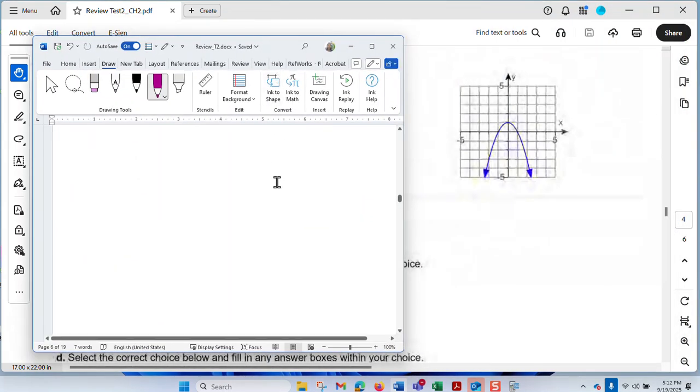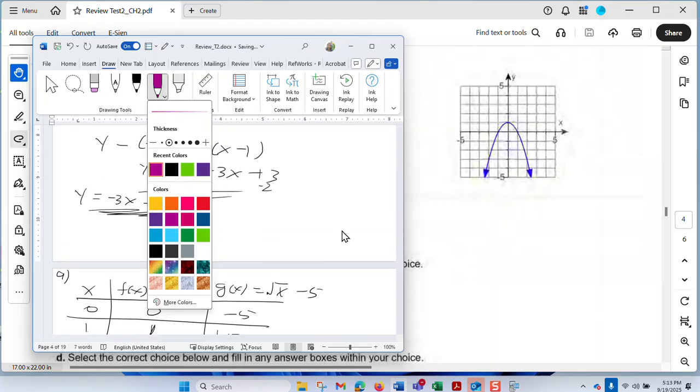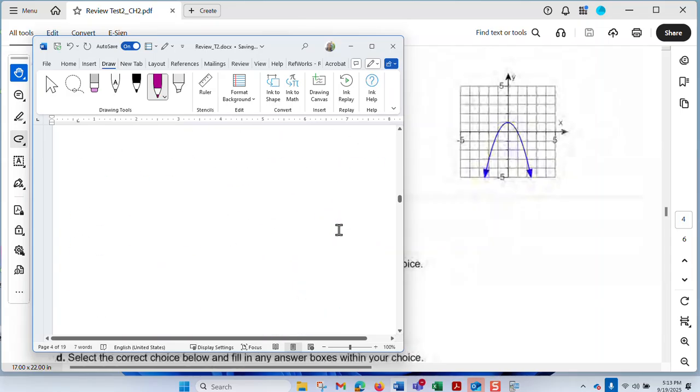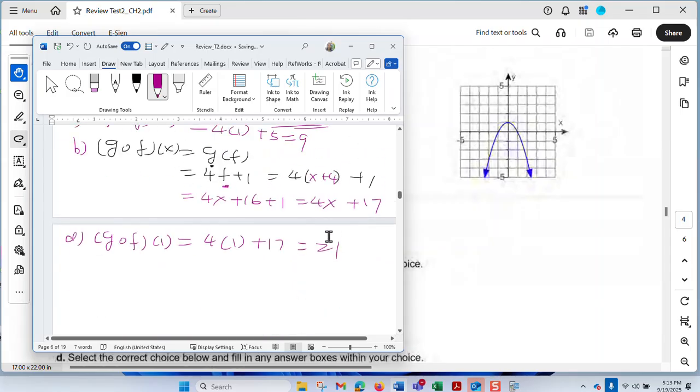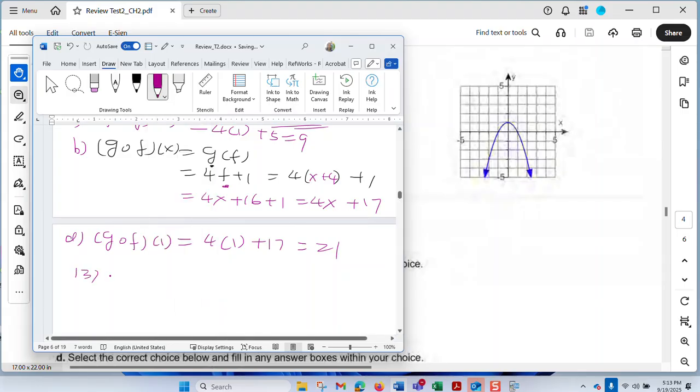Okay, so my 13 here, domain x can be all real numbers. Okay, the range y here should be less than or equal to 1.